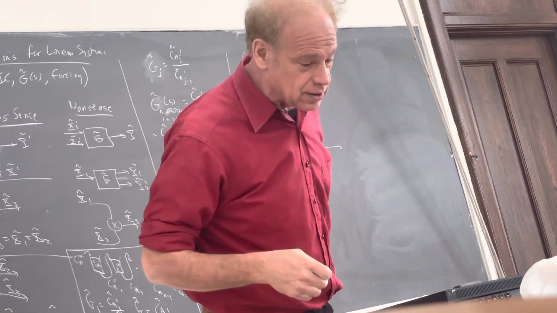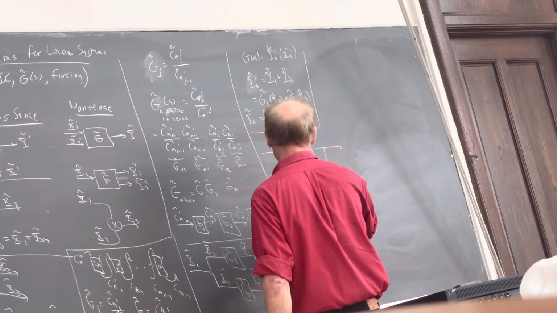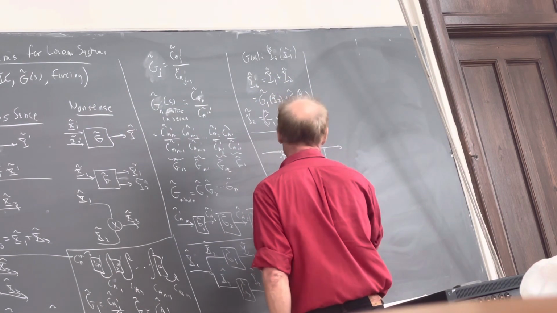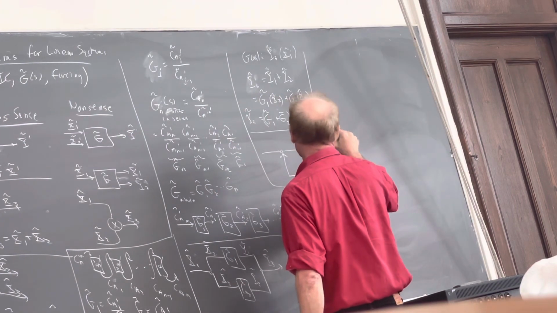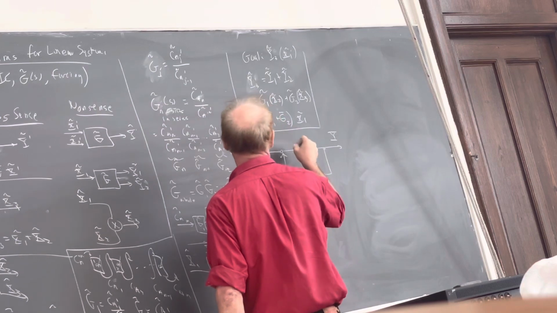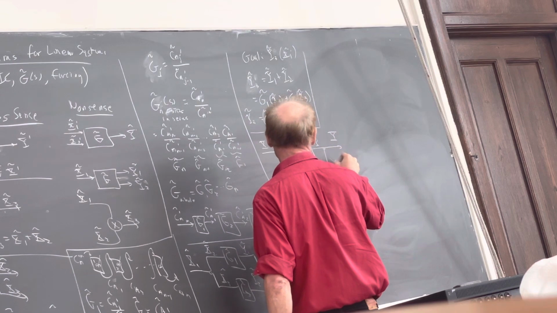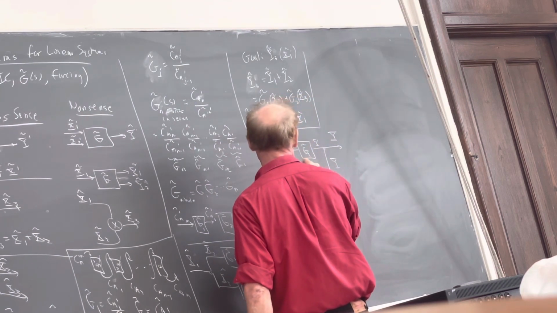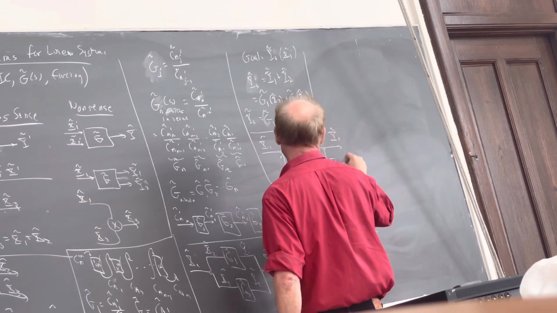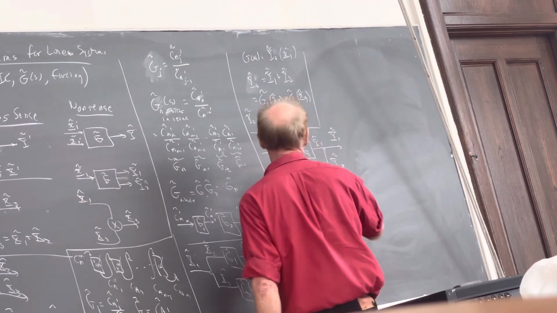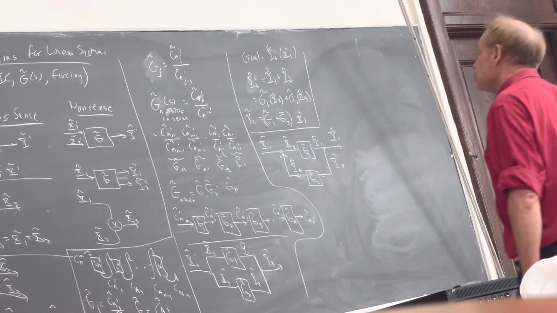Here I have an x, call this y, and then I'll give these numbers: 1, 2, 1, 2, 3, 4. So that looks complicated, doesn't it? Well, again, don't get scared.